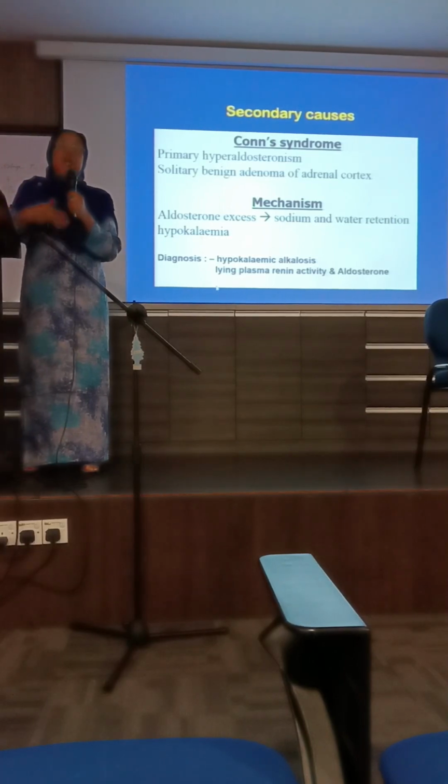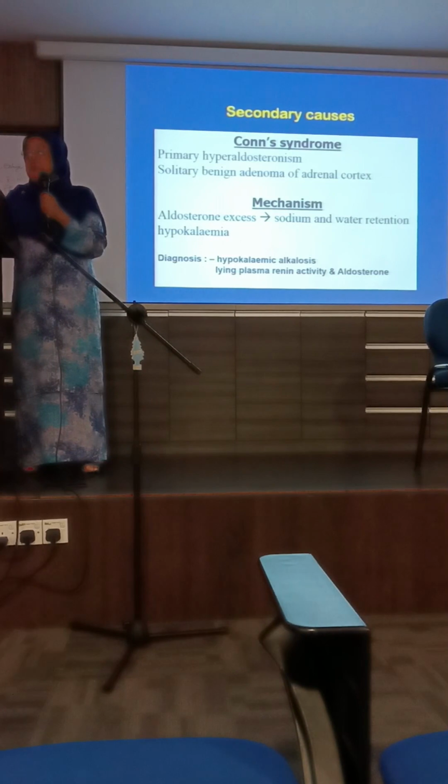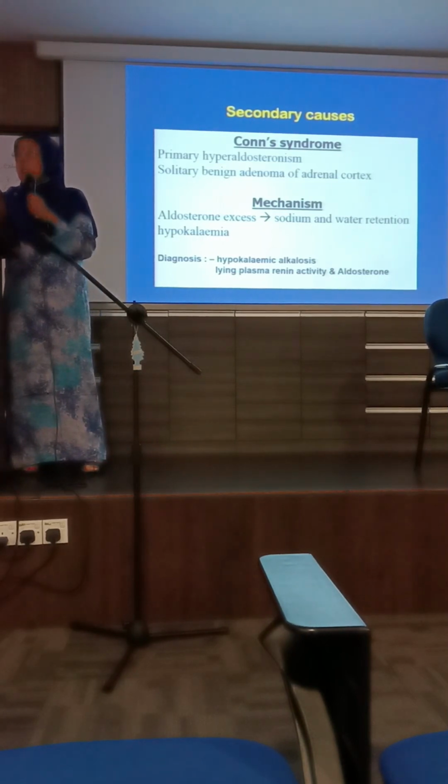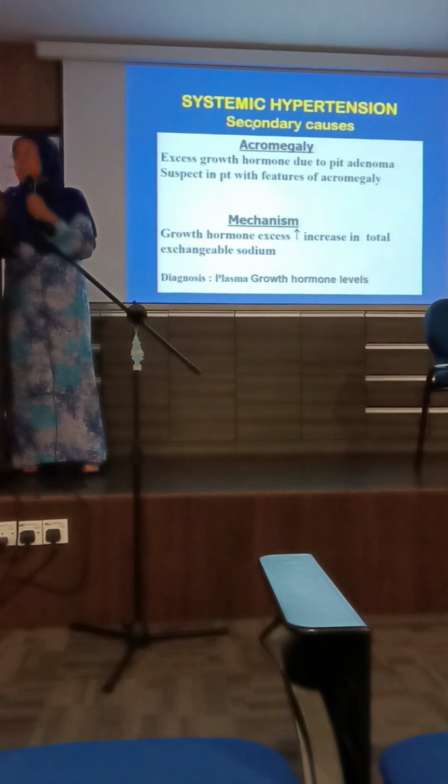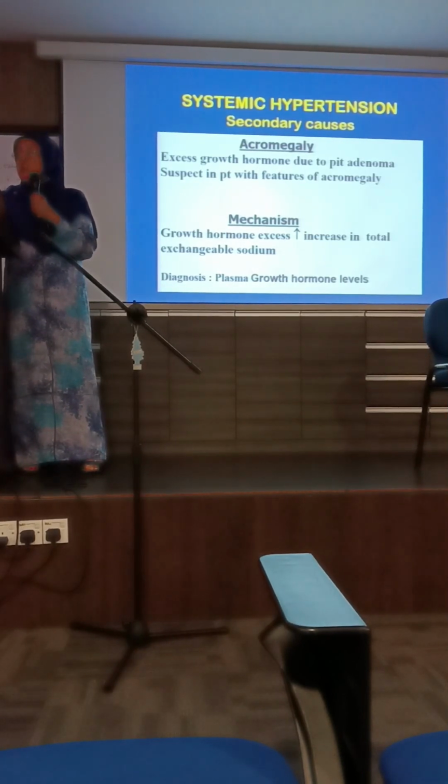That's simple: excess aldosterone, increase in sodium and water retention. The patient has hypokalemic alkalosis. Acromegaly, growth hormone excess too, can lead to hypertension, with an increase in total exchangeable body sodium. Again, it's related to sodium.